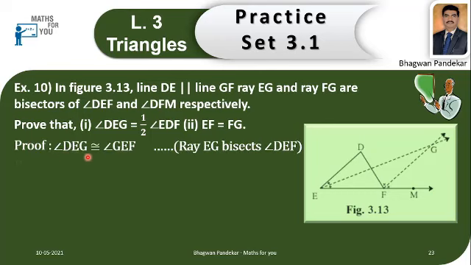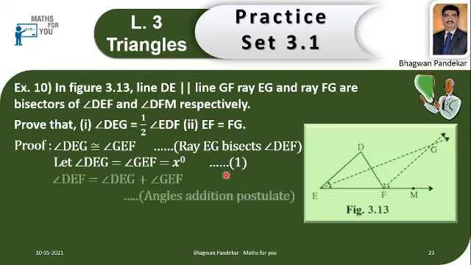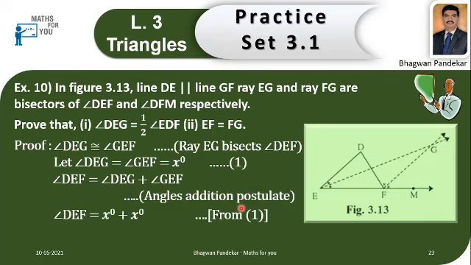Angle DEG congruent angle GEF. Reason is ray EG bisect angle DEF. Let angle DEG is equal to angle GEF is equal to x degree. Equation number first. Angle DEF is equal to angle DEG plus angle GEF. Reason is angles addition postulate.